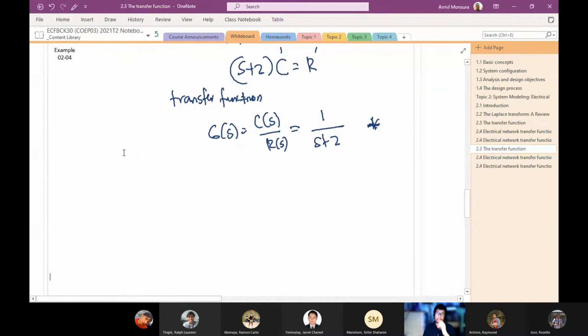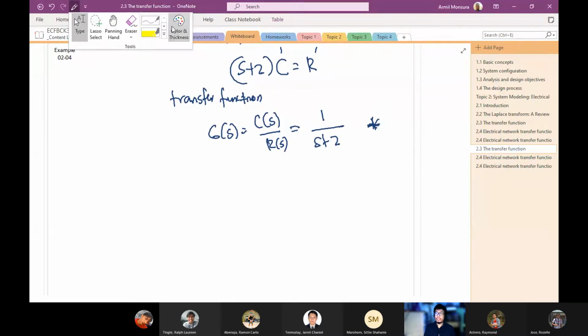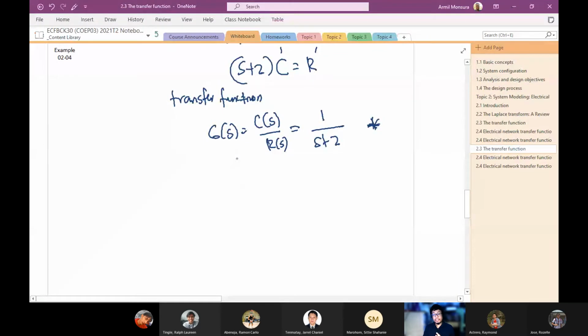Now, we proceed with finding the step response. Again, the response is C, or the output is C. So if we have a system whose transfer function is 1 over (s + 2), and it has an input of u(t), the Laplace transform of that R is R(s).